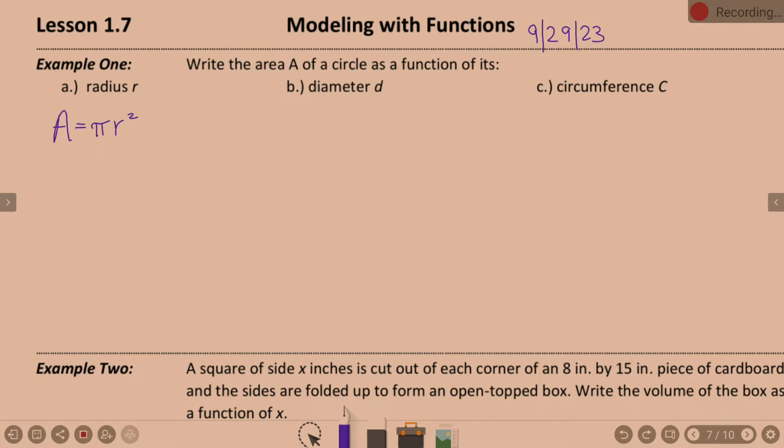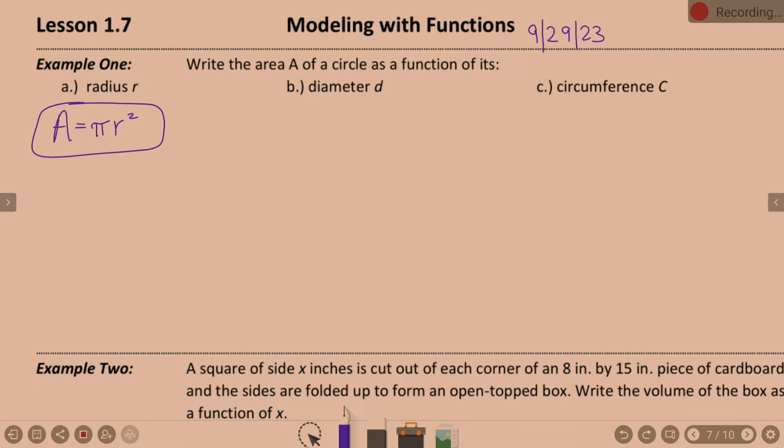Right there, I just wrote the area formula as a function of r. There's nothing to do with this one. That's just acknowledging that area of a circle is normally based on the radius.